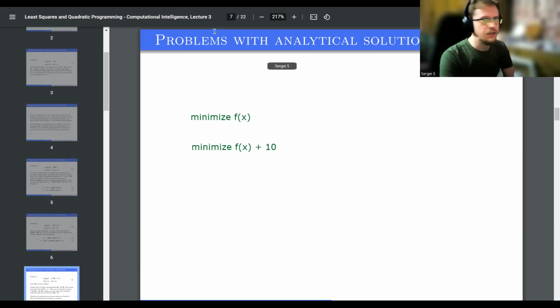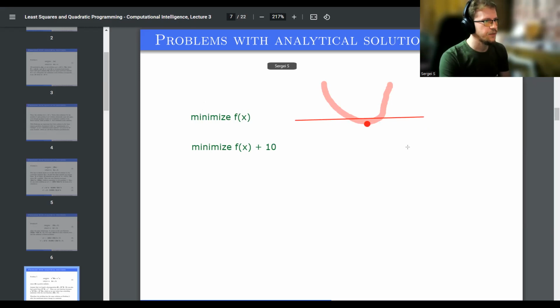Why? Well, let's say that we have the second function being something like, I will have to draw, so I apologize, it would look very ugly. Let's say this function is something like this, and the minimum of this function is somewhere, let's say here.